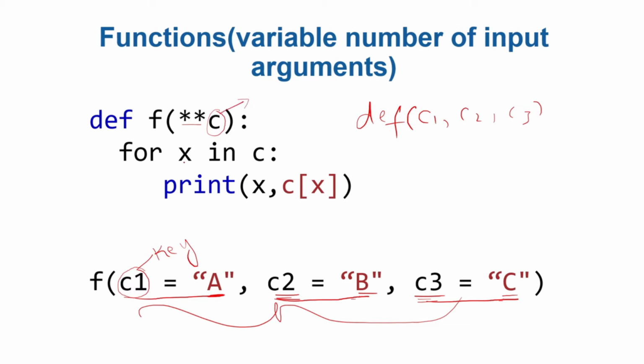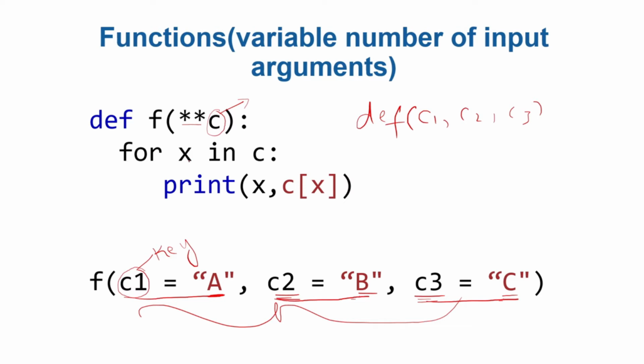This double star means you are receiving a key value pair list. It's a list of key value pairs. We will see that it resembles a data structure in Python called dictionary. We will see dictionary later on in detail, but right now just consider that this input variable C contains a list of key value pairs.